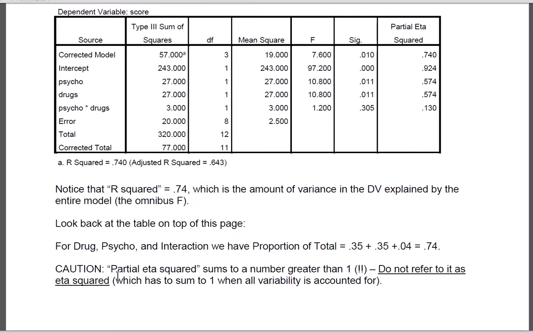I think the rule of thumb to use here is simply to be careful which one you're talking about, because partial eta squares sum to a value greater than 1. You can see that if we added these up here, they would add up to a value greater than 1. So there is a difference between eta squared and partial eta squared.